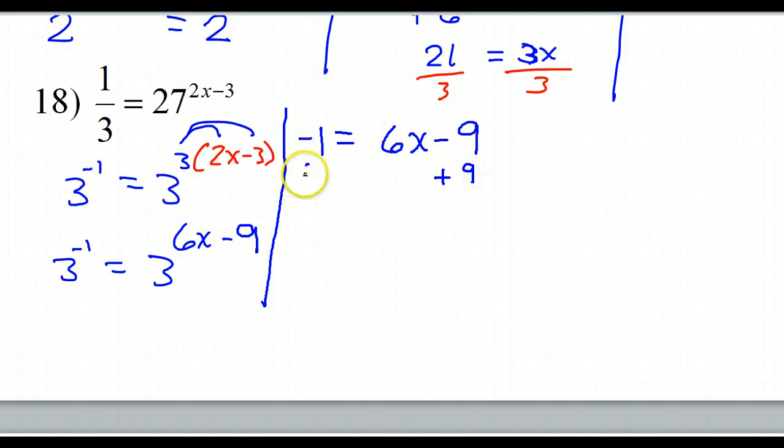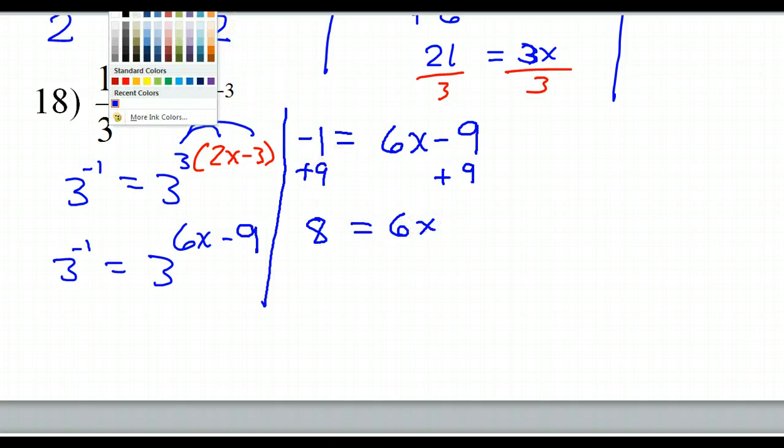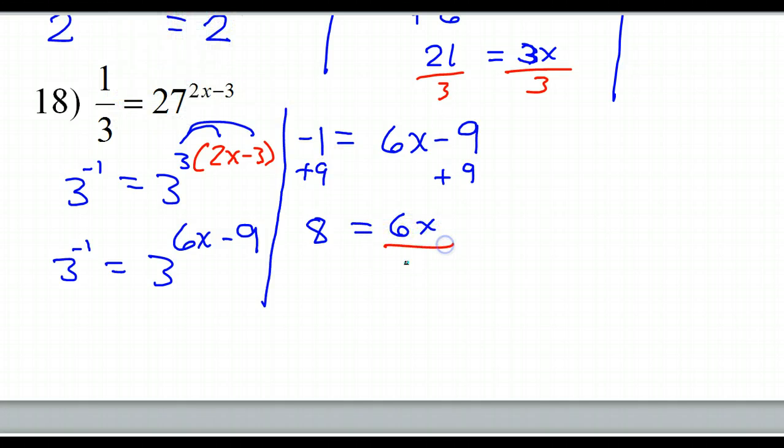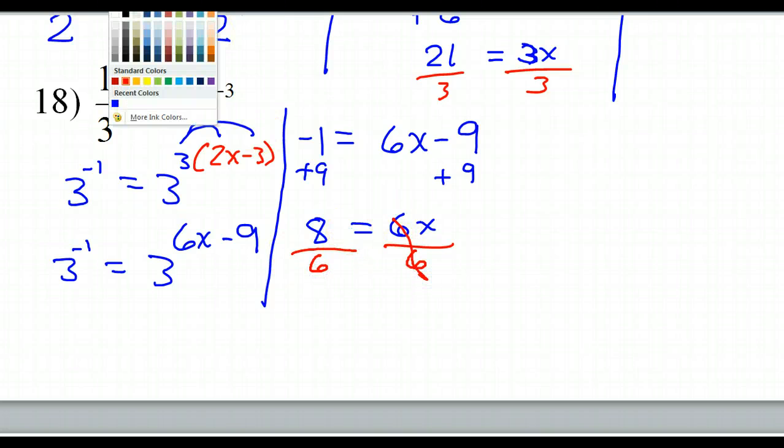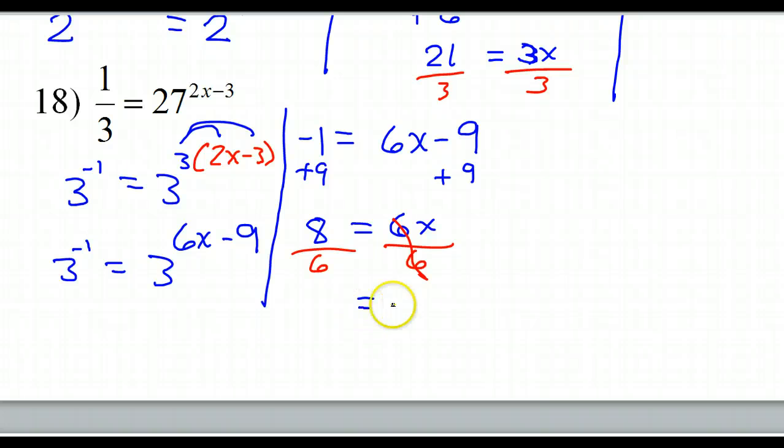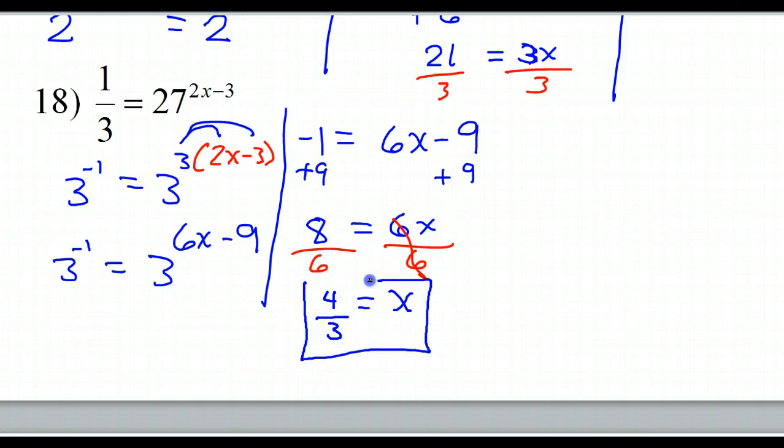Adding 9 to both sides gives me 8 equals 6x. Dividing both sides by 6 to get x by itself. And that's going to give me x equals, now I just have to reduce this, so this will be 4 over 3. Please no decimals. So that is how you do number 18.